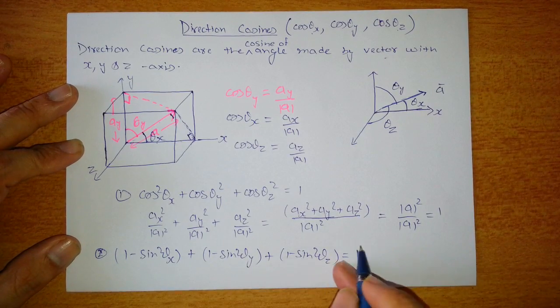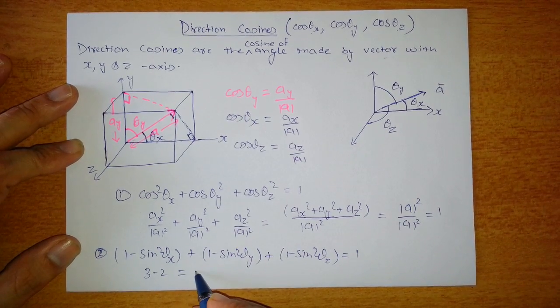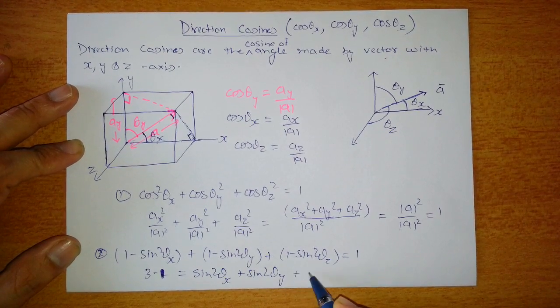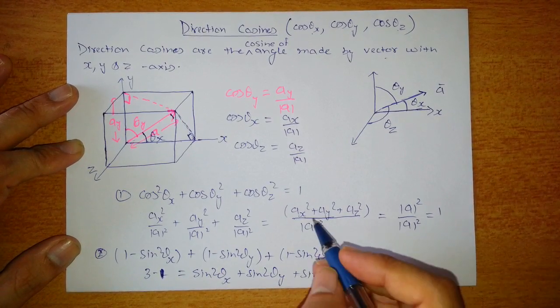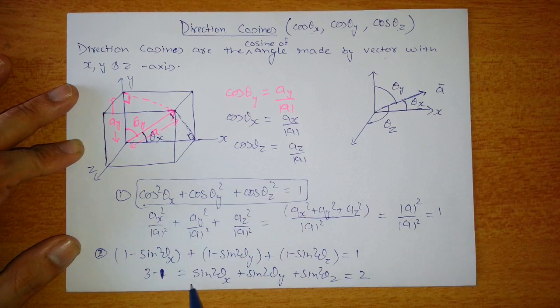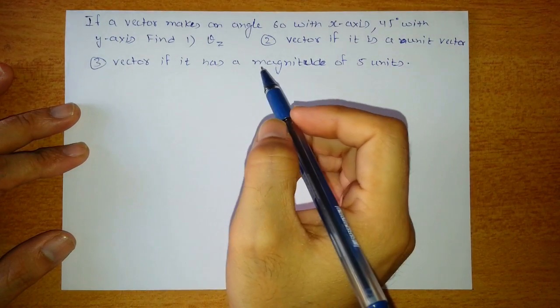When we take the sin squared terms to one side and 1 to the other, we get 3 minus 1, which is 2, as sin squared theta x plus sin squared theta y plus sin squared theta z. So these are the two important relations of direction cosines. The first is this, and the second is that the sum of sin squared theta x, theta y, theta z is 2.